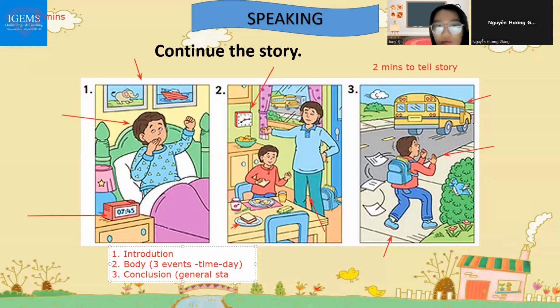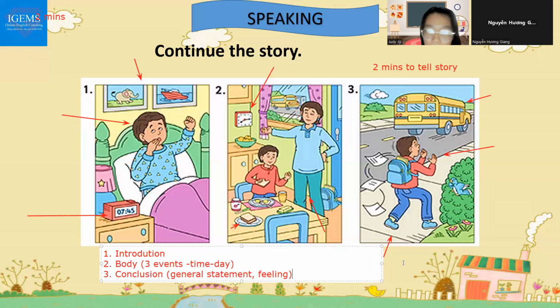A statement means you give me 1 to 2 sentences that summarize all your story, and your opinion or your feeling throughout the story. It's like your essay or paragraph. Okay, so 1 minute for you to prepare.